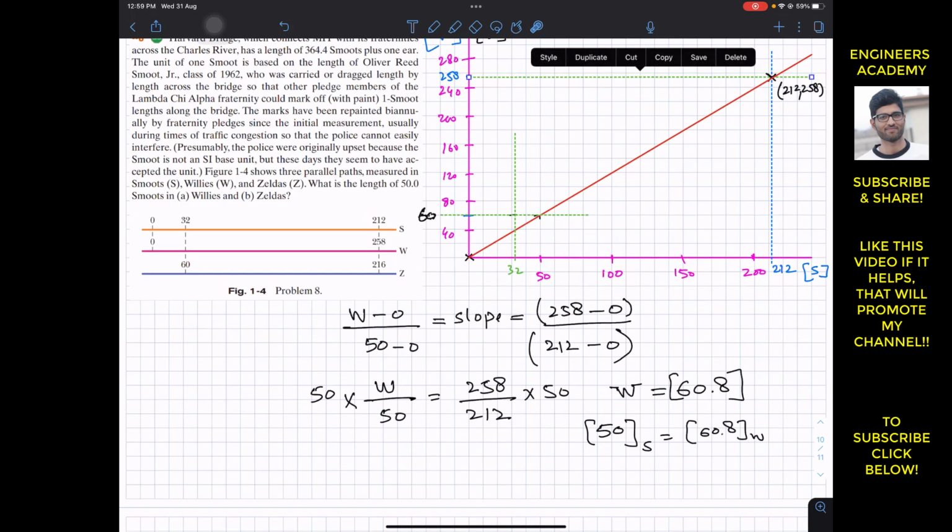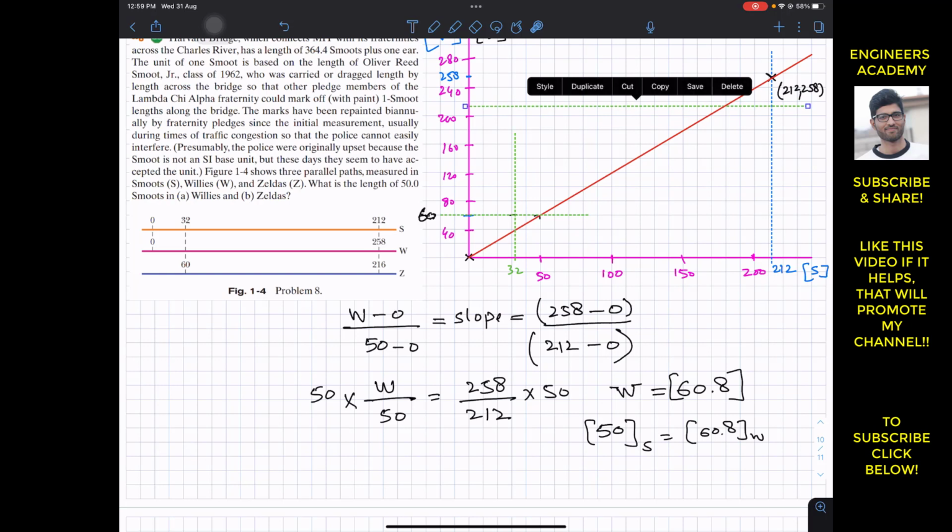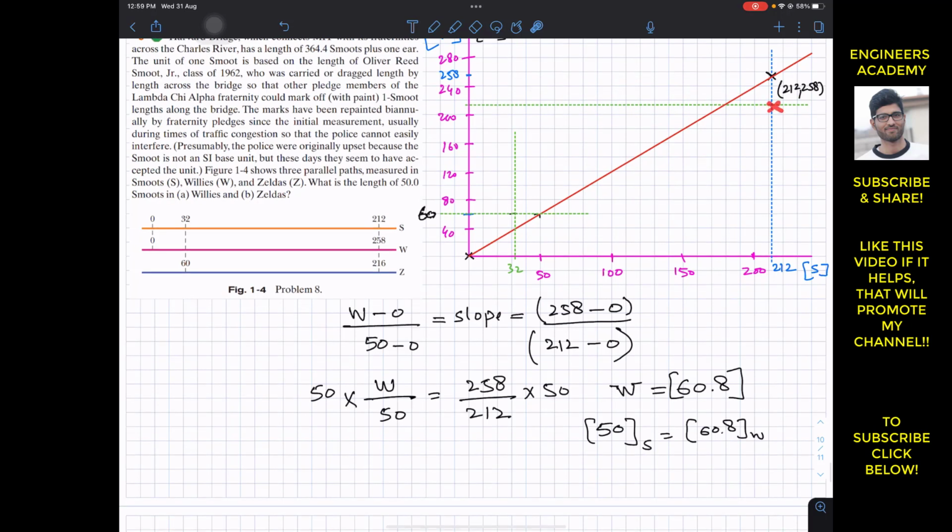Now let's move this green horizontal line to 216. So somewhere here is 216. This intersection gives us the 212 and 216 point. So the coordinates of this particular point are 212 and 216.